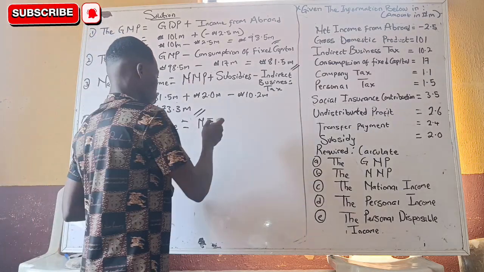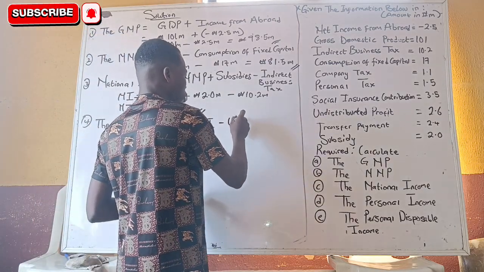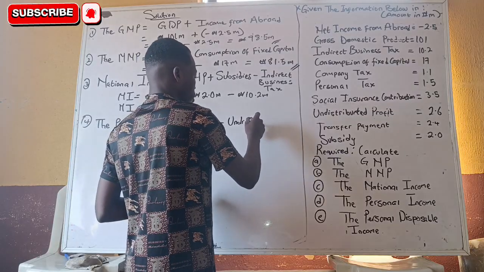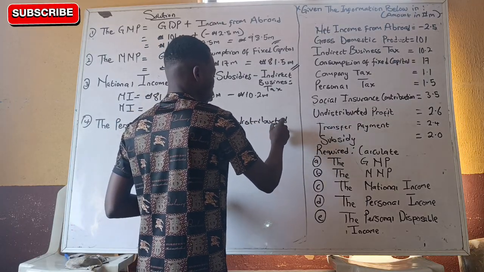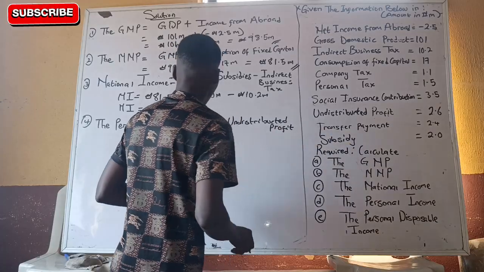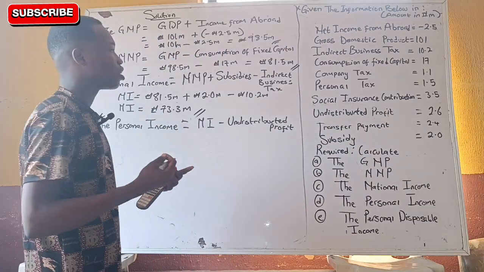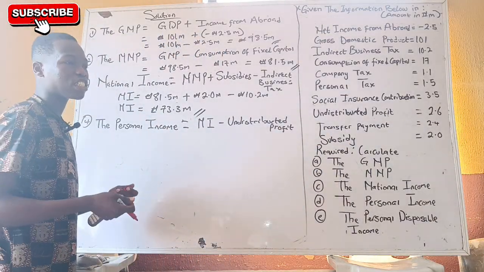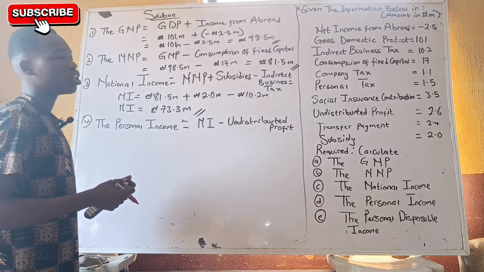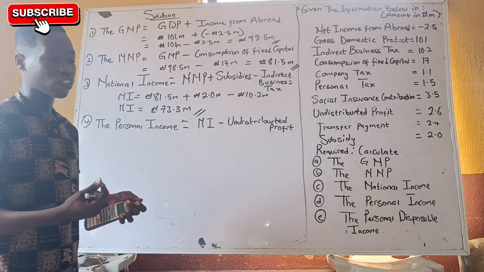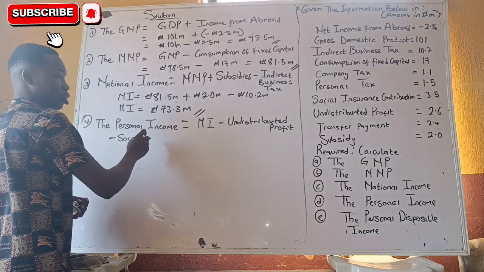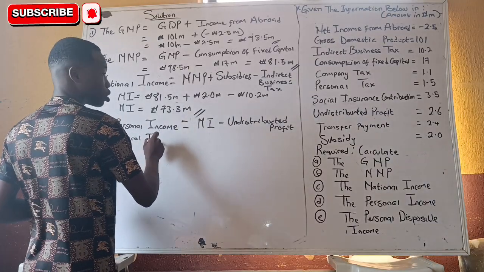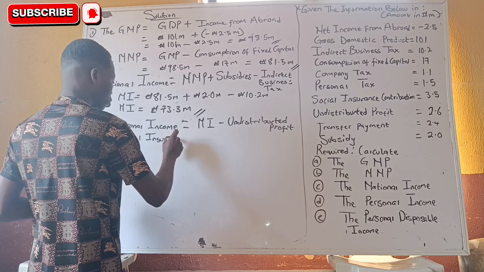We need to deduct it: minus undistributed profit. Also, sometimes we engage in social activities. Social activities are not part of income, right? We need to deduct that: minus social insurance contribution.